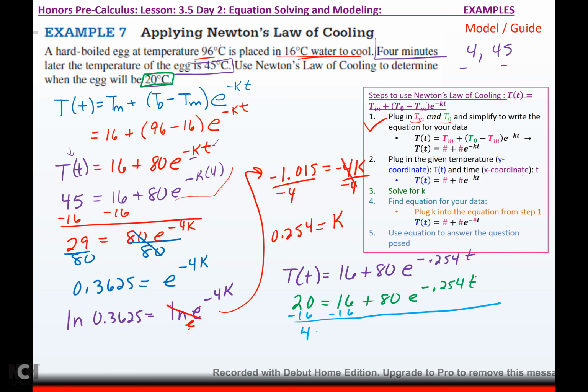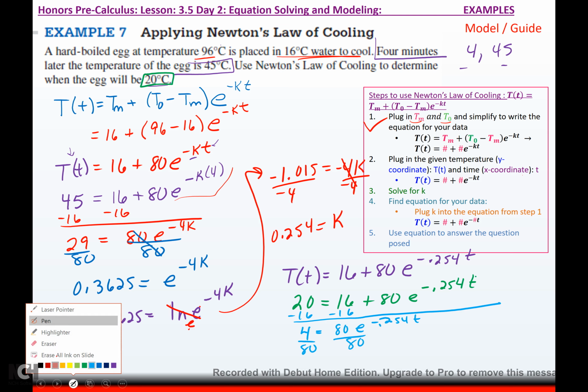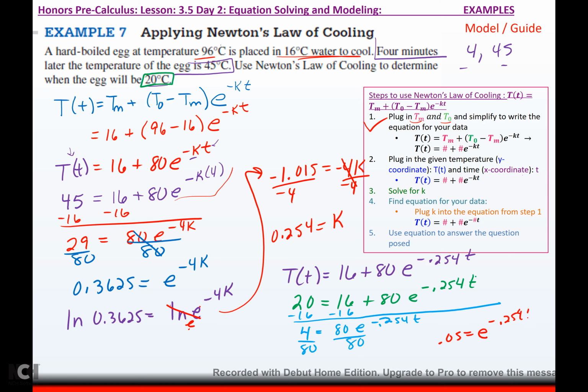That gives me 4 equals 80e to the negative 0.254t. Divide by 80, and I get 4 divided by 80 is 0.05. So I got 0.05 equals e to the negative 0.254t.